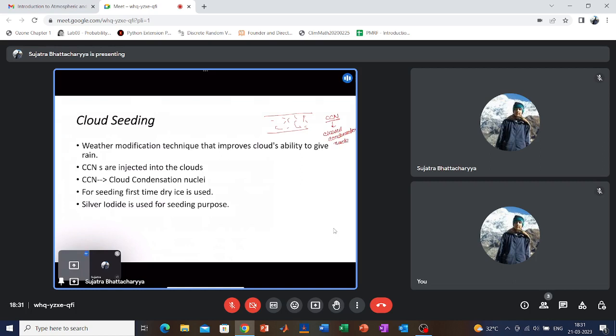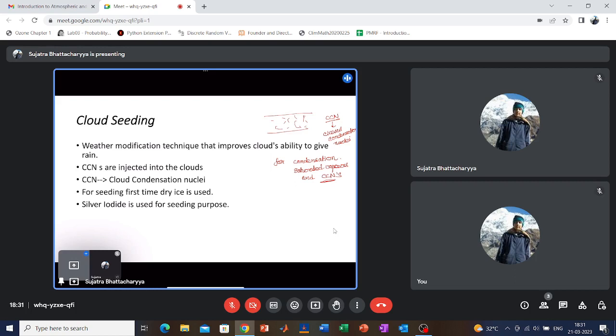For condensation to occur, let me write here, saturated vapors are needed, and the CCNs are needed. The condensation nuclei are needed.